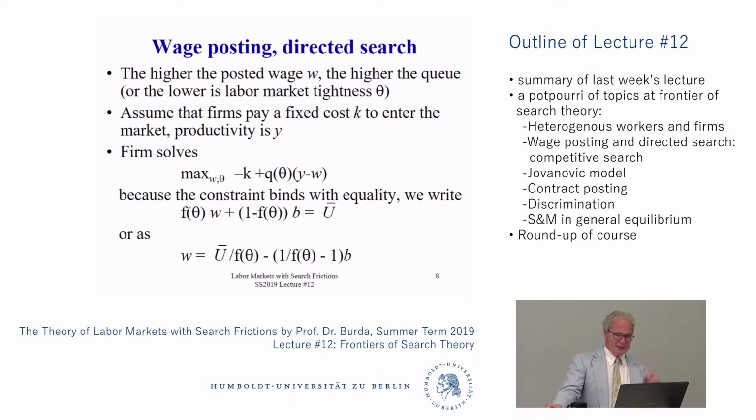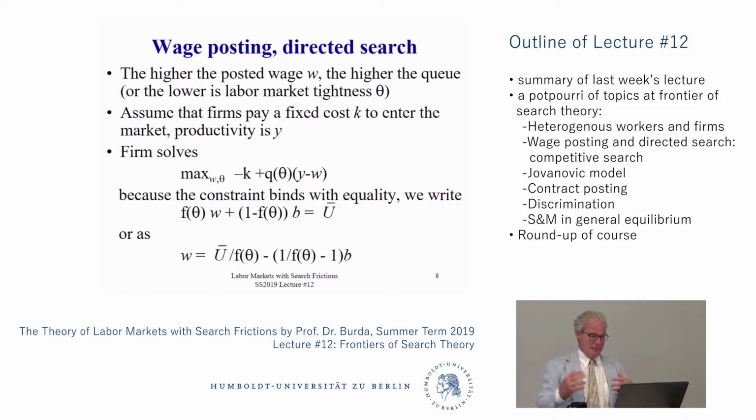So to make this really tractable and easy to solve quickly in 15 minutes, you can just substitute out the wage. So effectively, the firm is choosing through its wage posting policy the level of tightness that it's to expect given that wage. So again, if you come to Berlin and you post opening a branch of Amazon, you post a really high wage, you're going to get jillions of applicants.